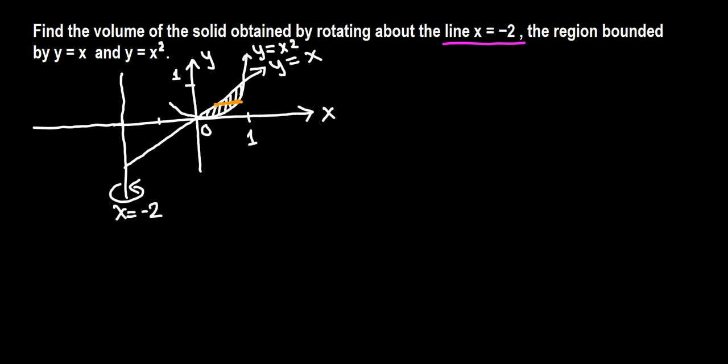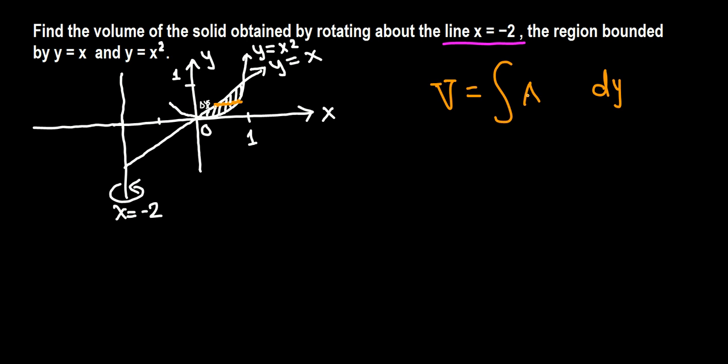This slice has a small width on the vertical axis, delta y. That suggests our volume formula will be in terms of y, because the small width is on the y axis.